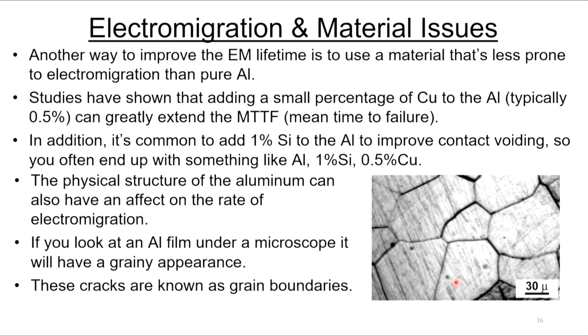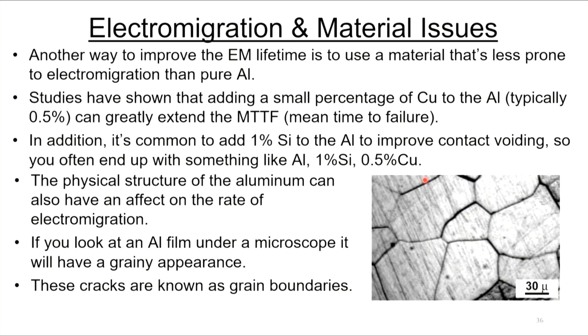In addition, it's also common to add a small percentage of silicon to the aluminum. That's not necessarily for electromigration, that's to improve contact voiding, and I'll just mention that very briefly in a second. So what you end up with a lot of times is aluminum, maybe 1% silicon, and maybe 0.5% copper. Very, very common. This may not be the exact recipe, but it's something pretty common to that.